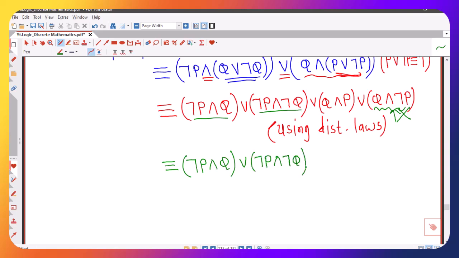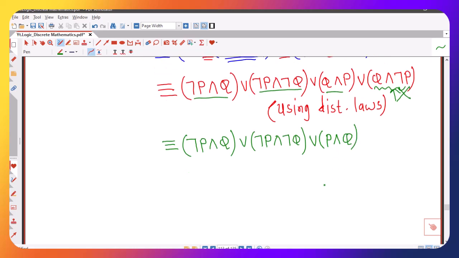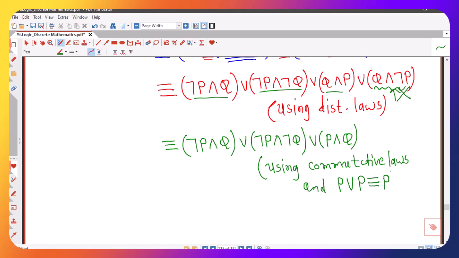Negation P and negation Q, or Q and P, that I can rewrite as P and Q. What we have used here is the commutative law, and we are also using the fact that if we have P or P, then that is logically equivalent to P. So using the commutative law, negation P and Q and negation P are the same.